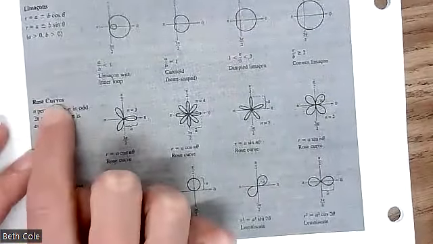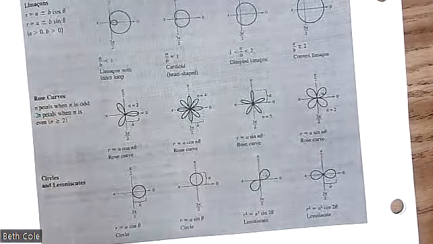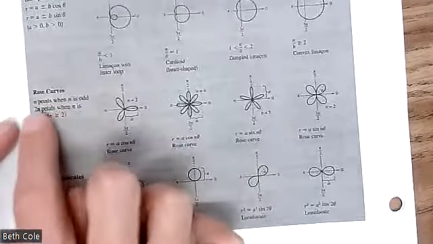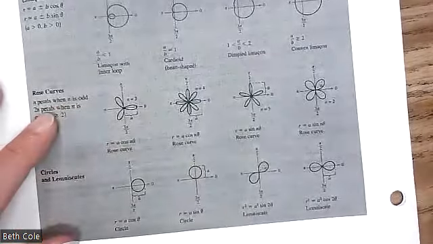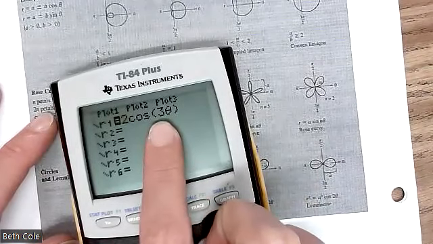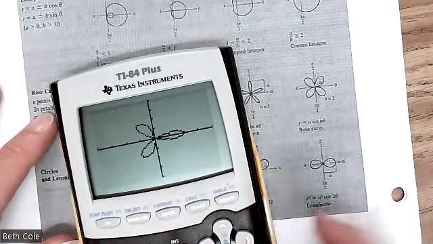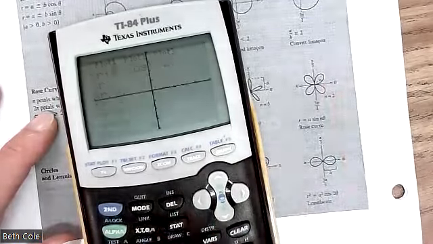These are called rose curves, and it's cool. I'm going to have us mess with the calculator a little bit. I want you to play around with this so you can understand what's going on. It will have n petals when n is odd. Do you see how we did 3 theta, and 3 is odd, and we got 3 petals? Go and change the 3 to a 5 and hit graph.